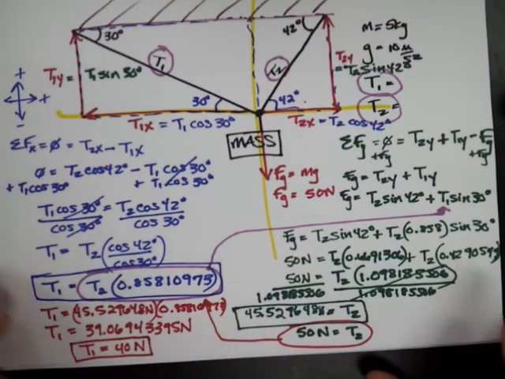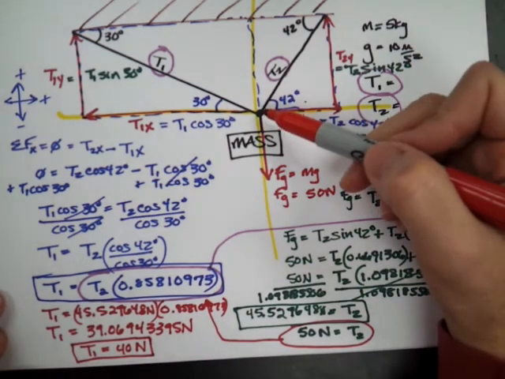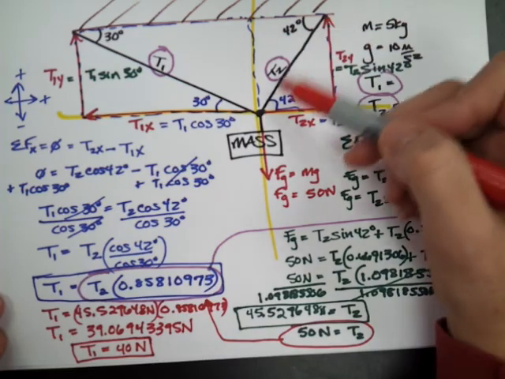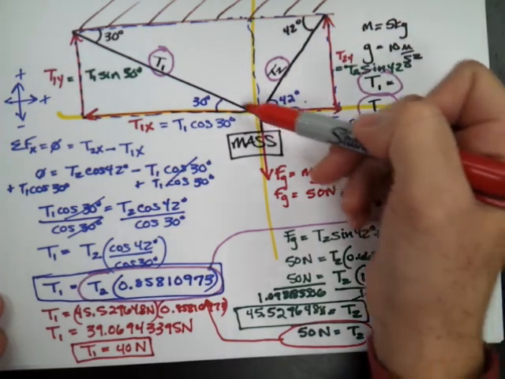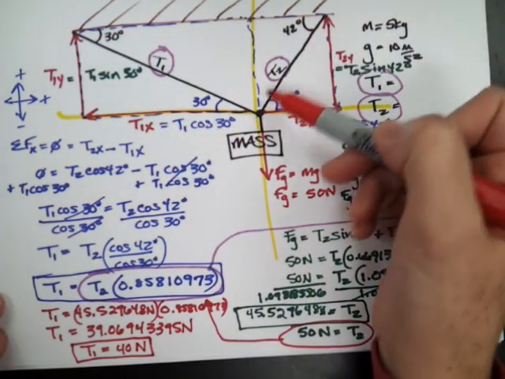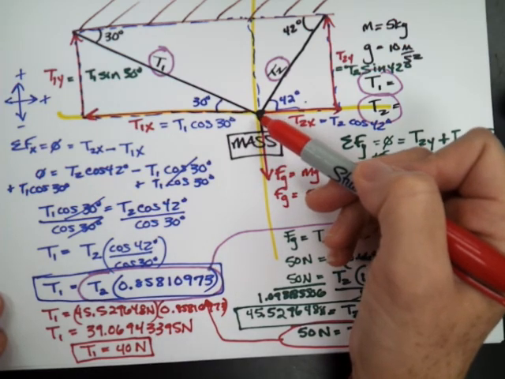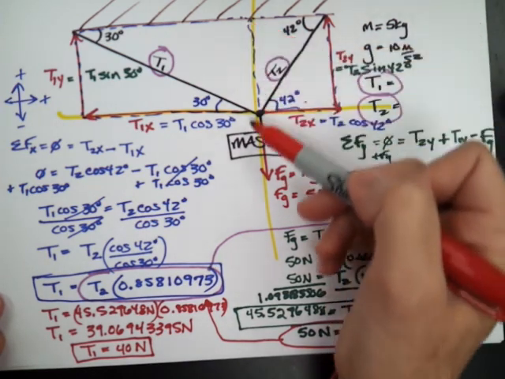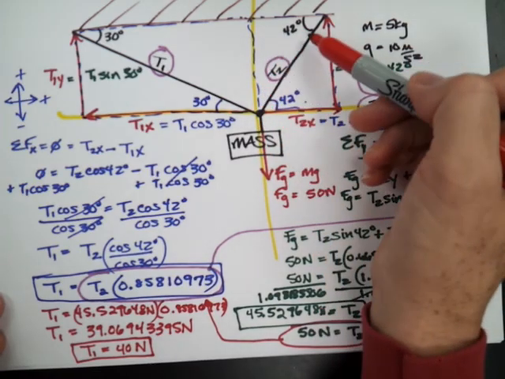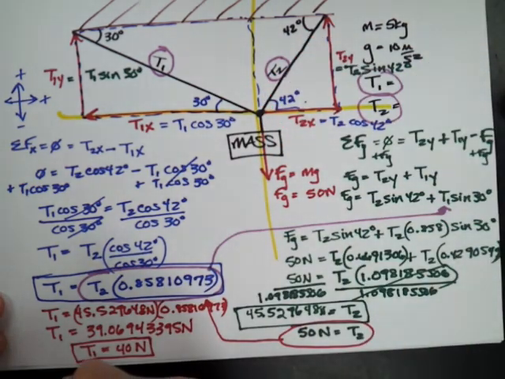So the question to consider is why the sum of these two is actually greater than our weight. Because it's not just carrying and pulling the weight up, it's pulling the weight up and over, which takes more force to do that.